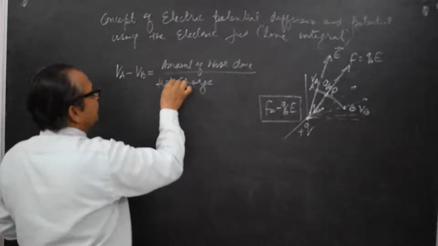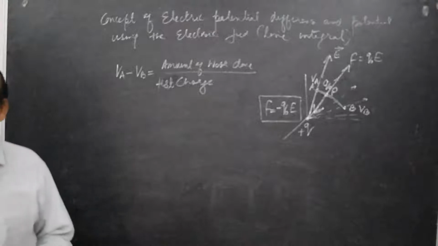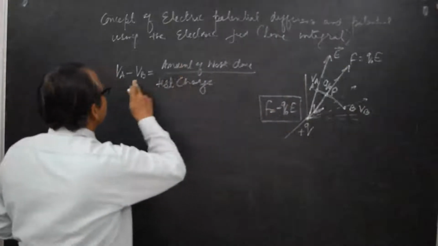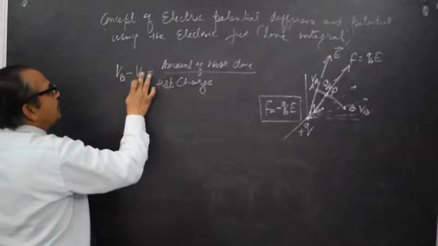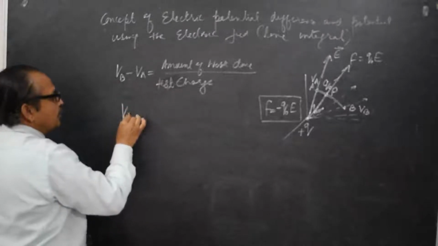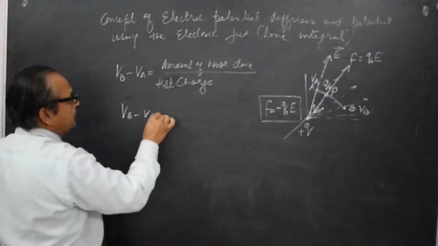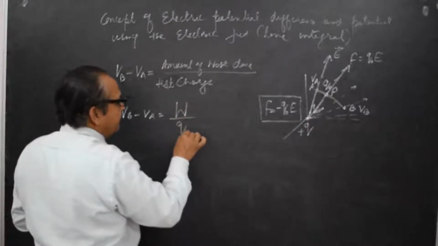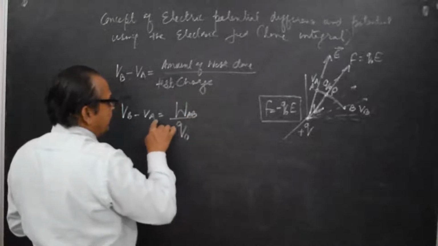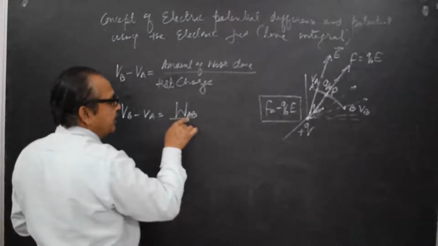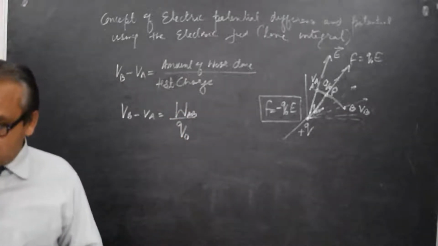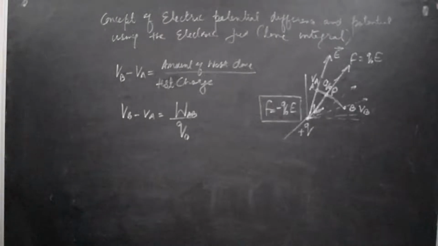This is your definition of electric potential difference. So the difference will be VB minus VA, which is equal to work done divided by Q naught. Work done in moving the charge from A to B divided by the test charge, which is Q naught. Any doubt?